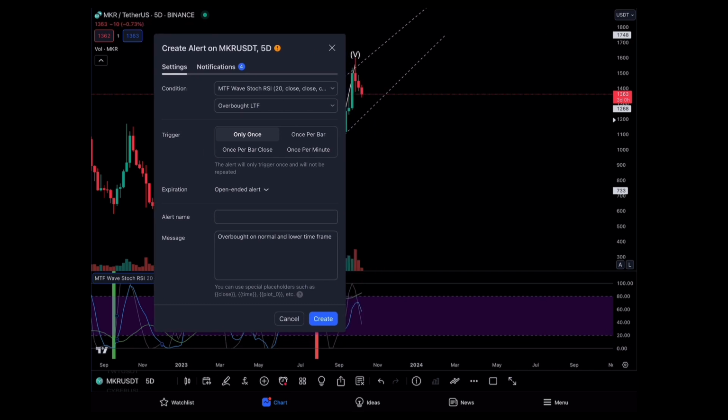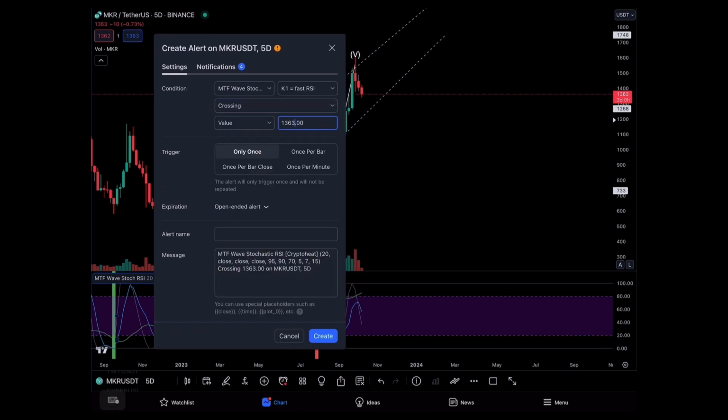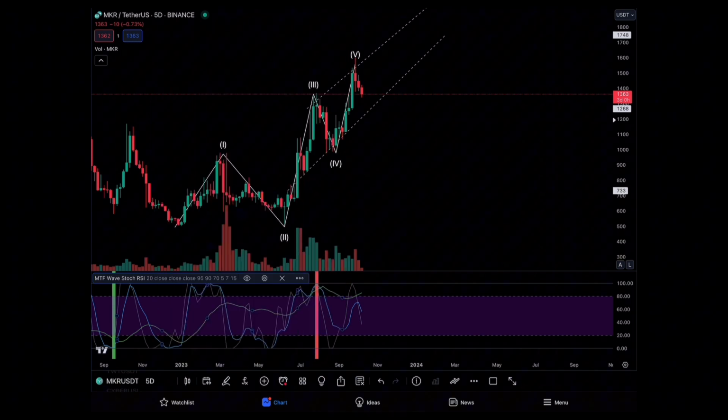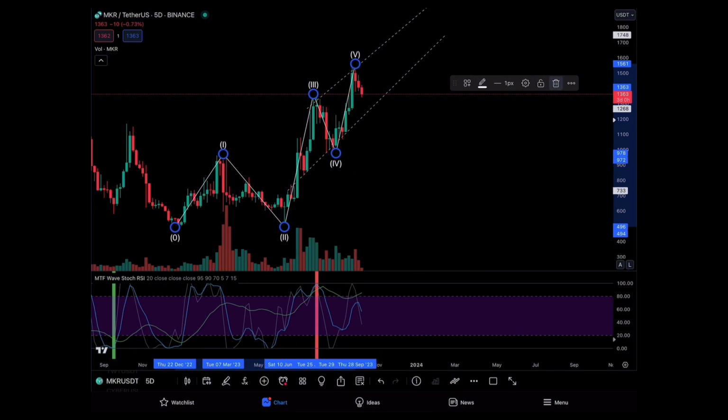At around 15, crossing 14 MTF, and then I'm going to write to myself, Maker possible long entry 5-day chart if on trend line, and I'm going to be evaluating it afterwards when that happens.